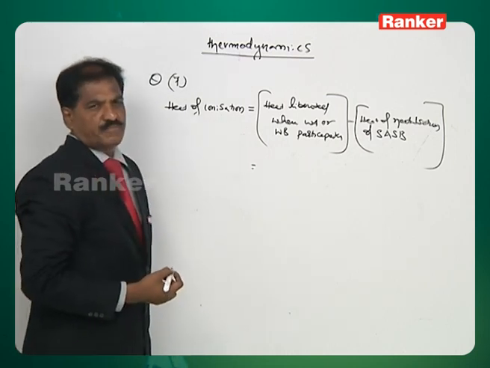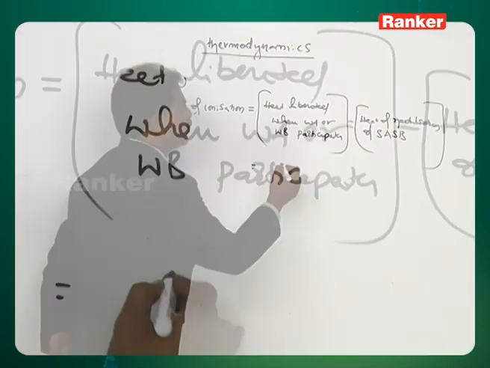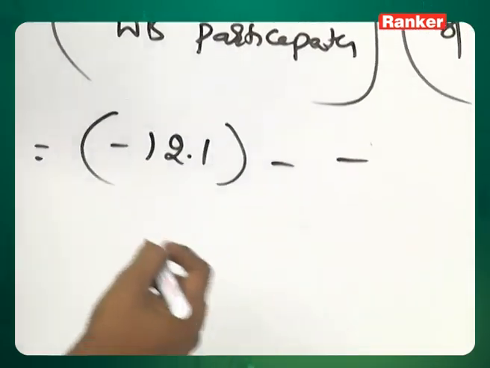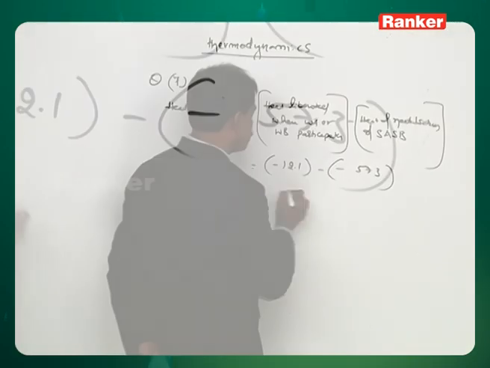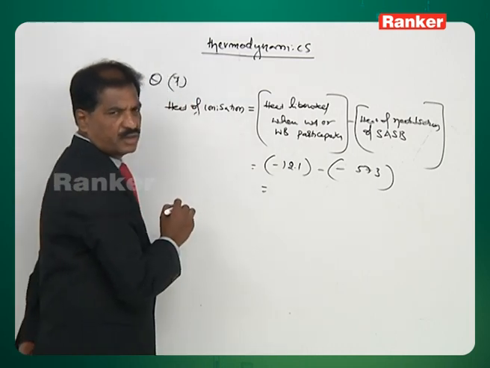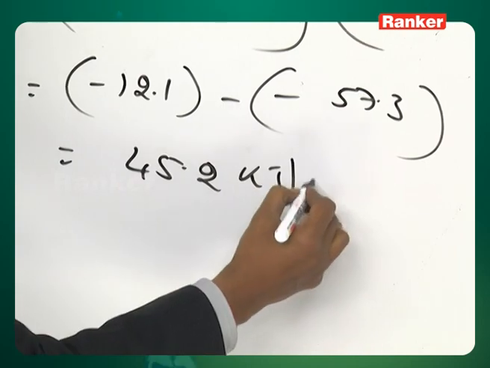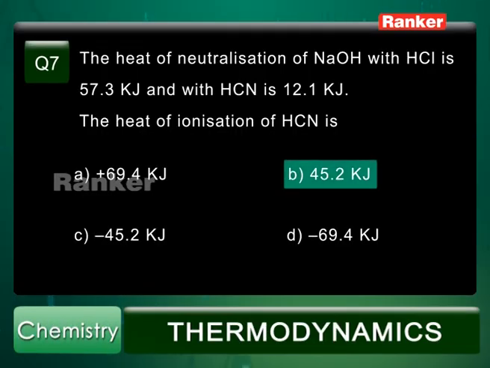The heat liberated when the weak acid participates is given as 12.1 minus 57.3. Therefore, the answer is 45.2 kilojoules per mole. Answer is B.